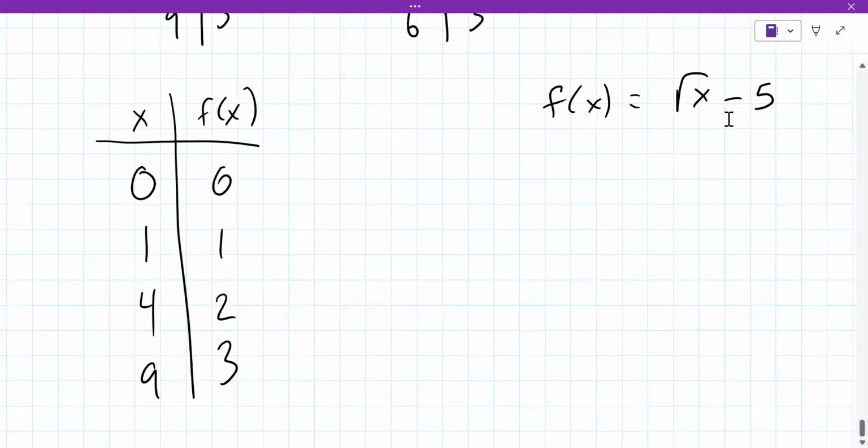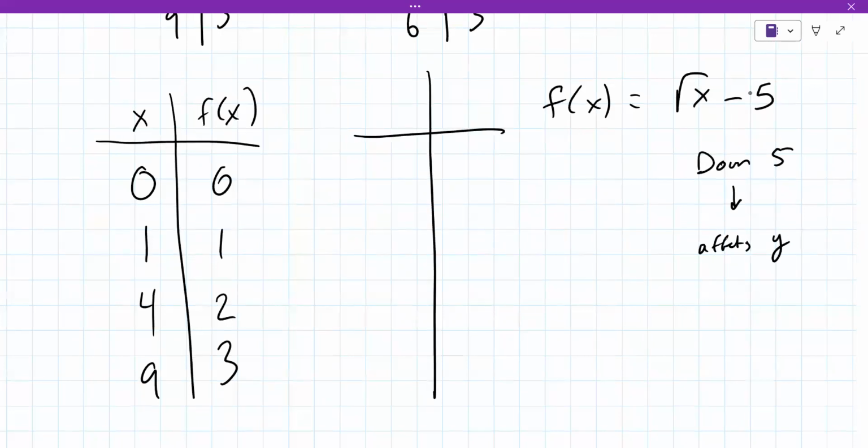When it's outside the function, it's up or down. Do you remember if this moves it up or down? Oh, it's down. Down 5. Down affects the y value. So every y value, f of x is really y, is going to go down by 5. What are the new y values?